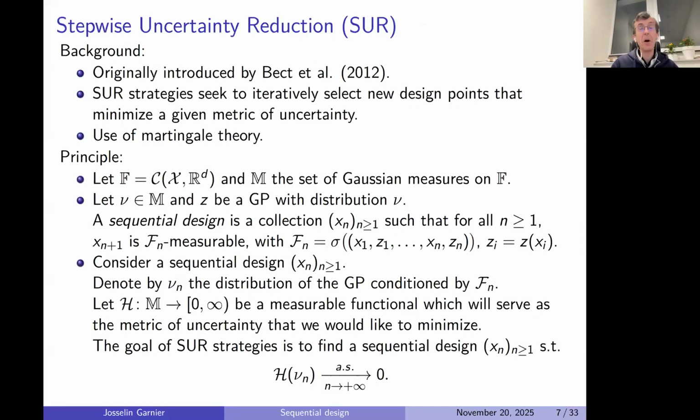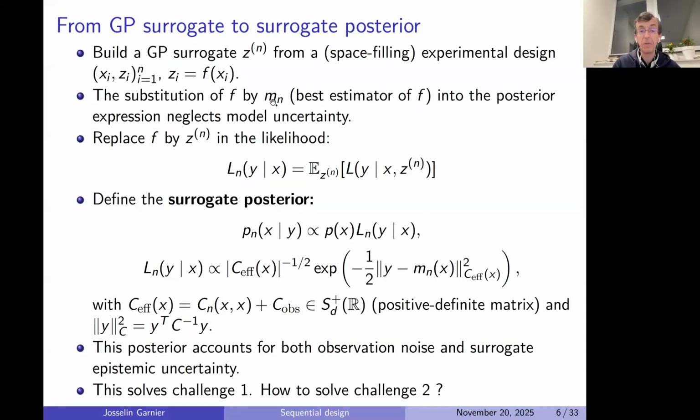Okay. Now we would like to improve that. You can now sample that by MCMC, no problem. You may be unhappy with the distribution. It's not really focused. And so you would like to reduce the surrogate epistemic uncertainty.